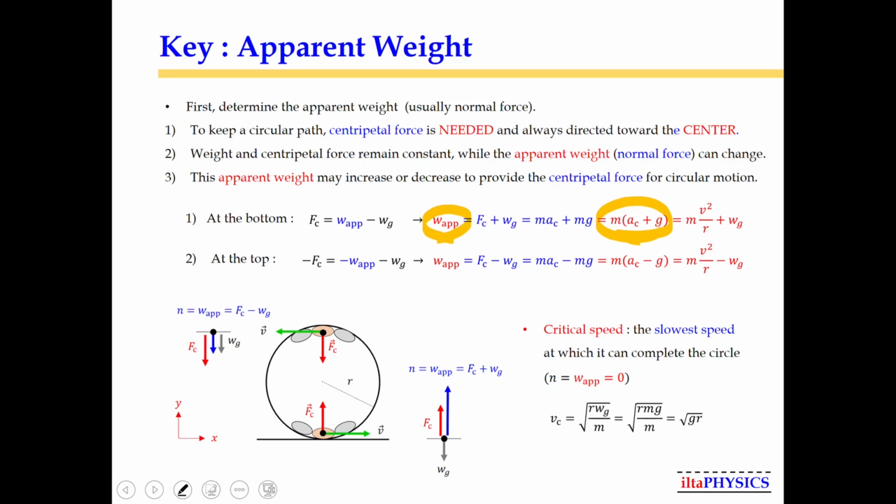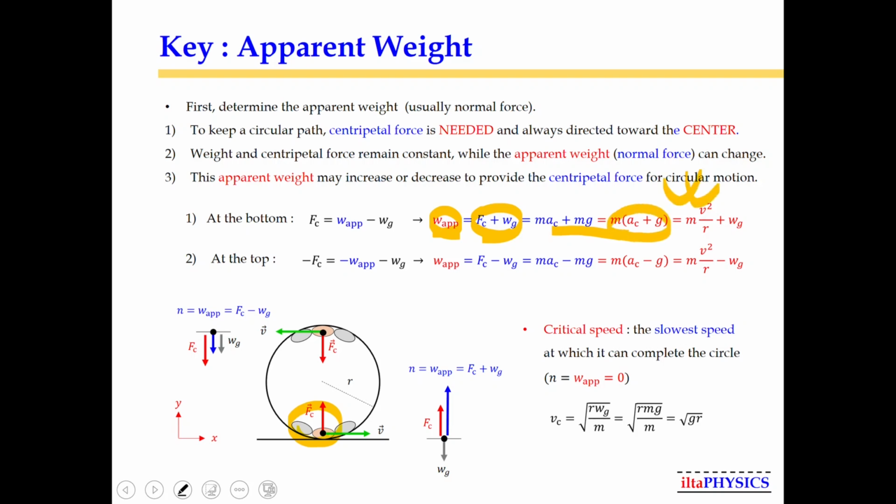Since centripetal acceleration can be expressed as tangential velocity squared divided by the radius, we can rewrite the equation like this. In terms of physical meaning, when the roller coaster is at the bottom, the apparent weight feels heavier than the actual weight by an amount proportional to the centripetal acceleration.